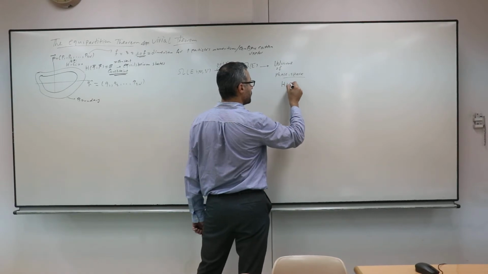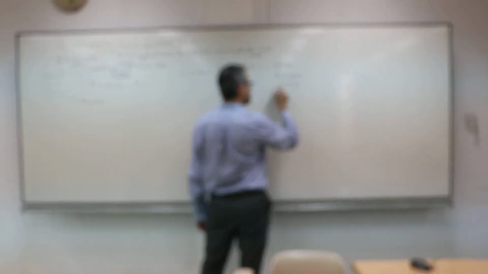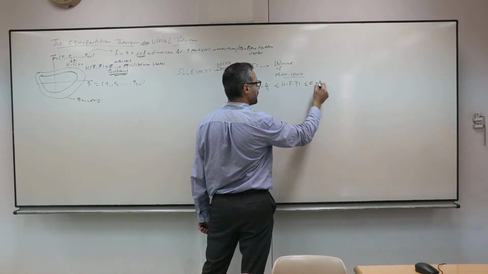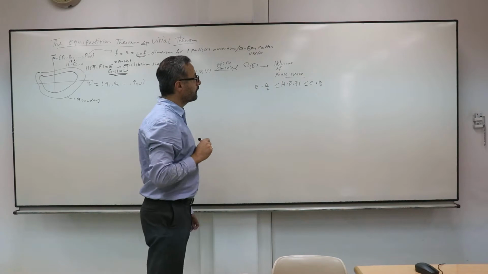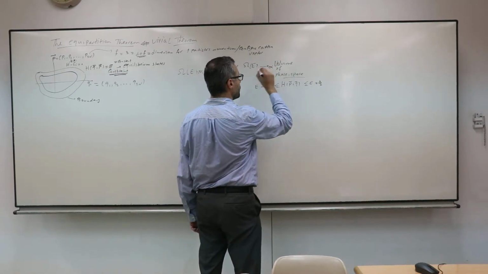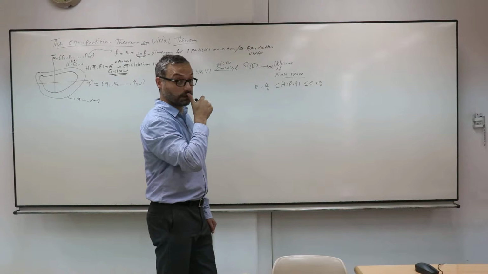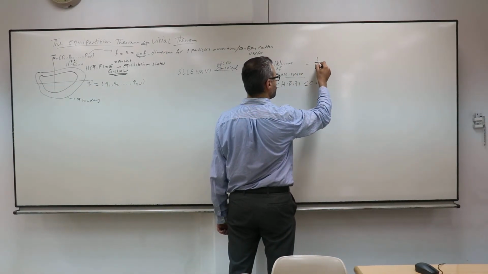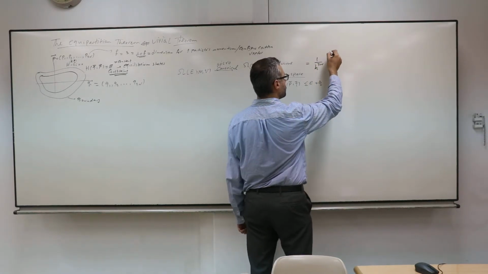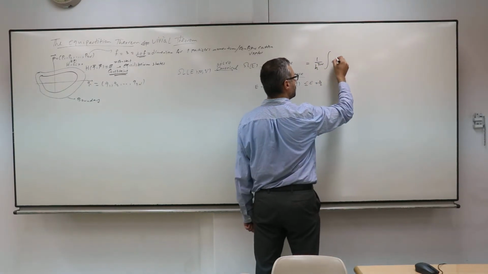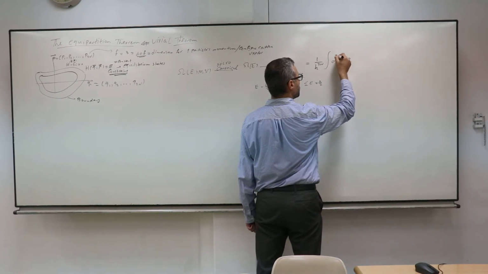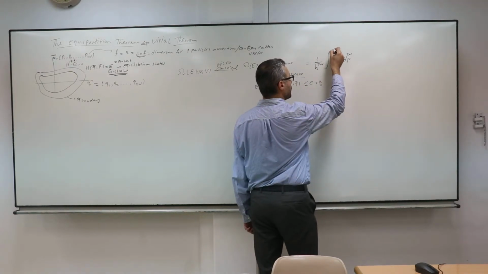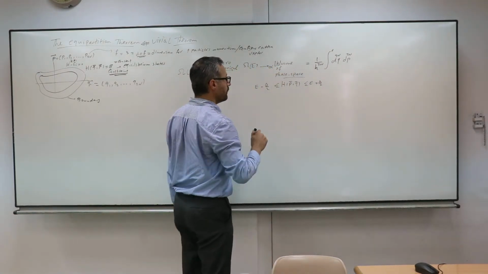The volume of the phase space which is given in the band of the energy like that, proportional actually to that. So you need a proportionality constant.